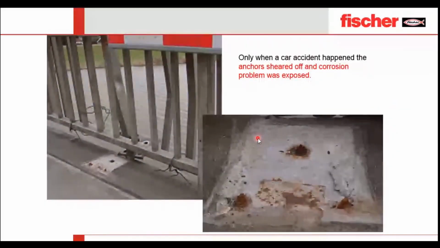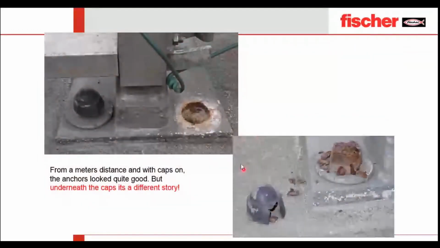This was not witnessed before the accident. How? Because they were covering all the anchor bolts with plastic caps. When you see a plastic cap, you think all is good inside. From a meter's distance, with caps on, the anchor looks quite good. But underneath the cap, it's a different story. You cannot even see an anchor properly. You can see it's already corroded, which means it is not taking any load.